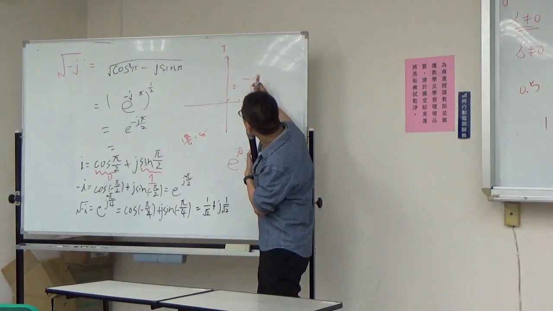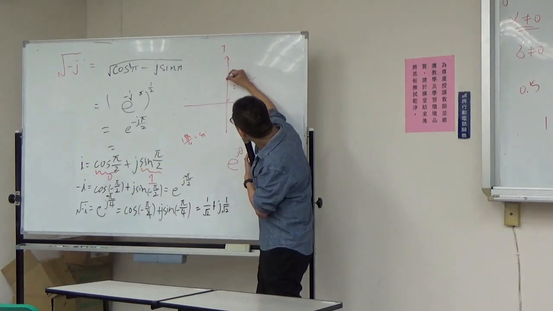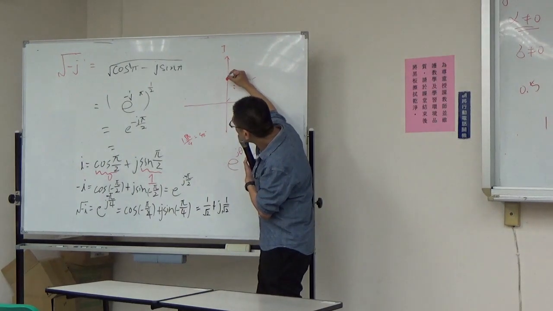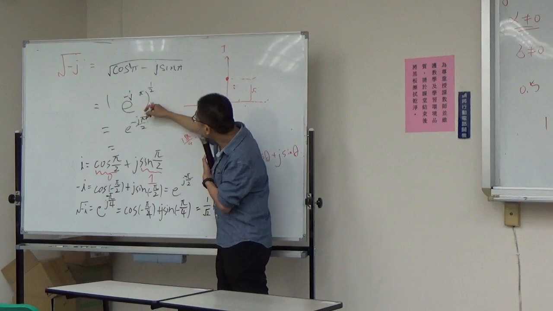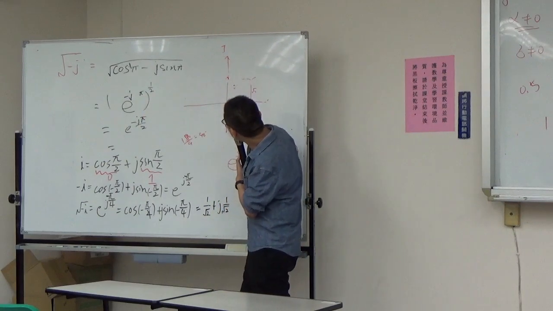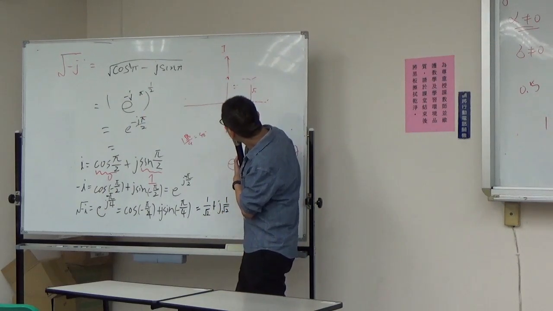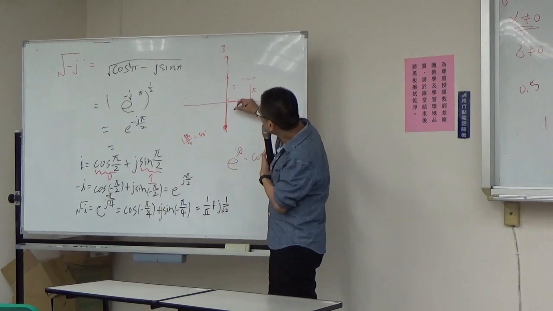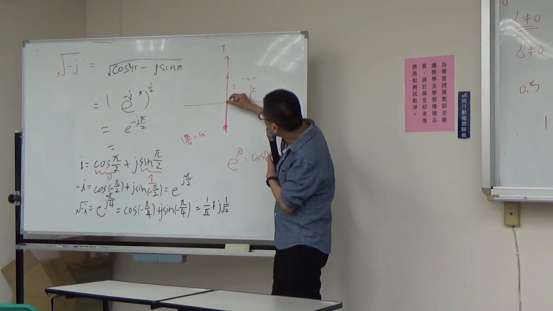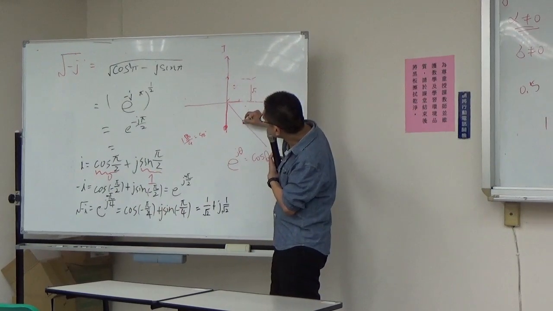from this point. Half this one. Pi. Okay. If you take this one, you take a half, you will have this point.